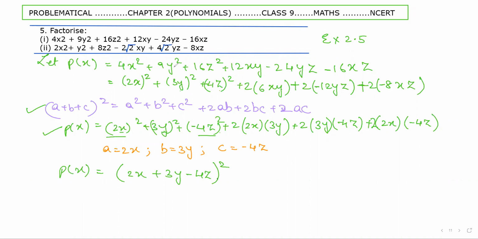The second one will also use the same formula because you have 2x square plus y square plus 8z square minus something xy, something yz, something xz.